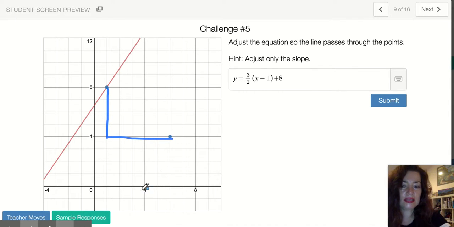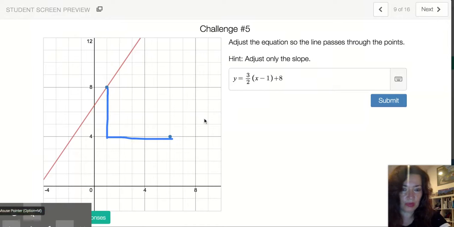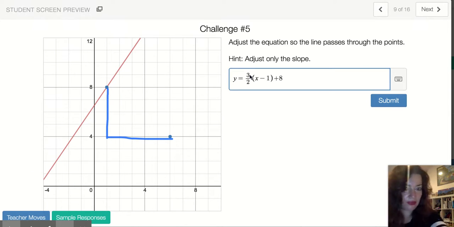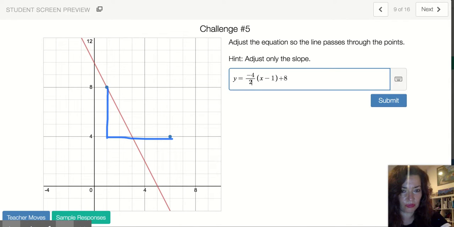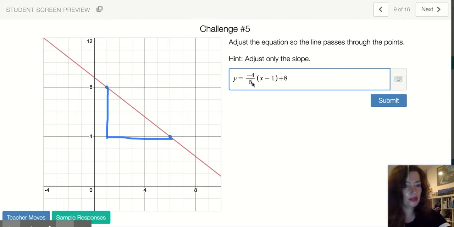So it's down 4 and right 5. So it needs to be -4/5. So let's see what happens if we write -4/5. And the graph will pass through the 2 points.